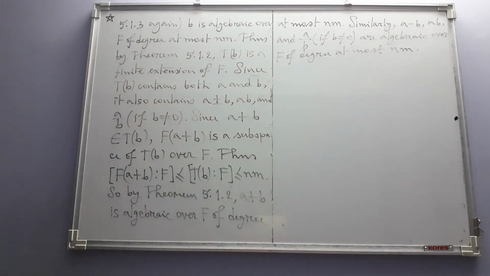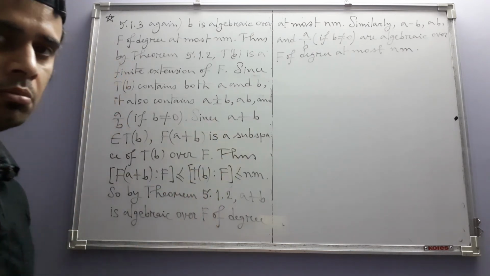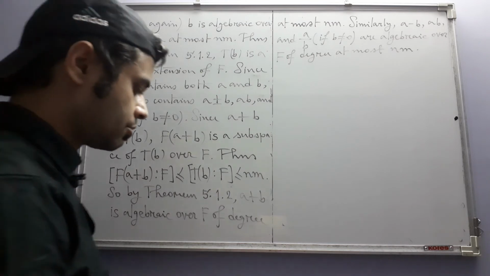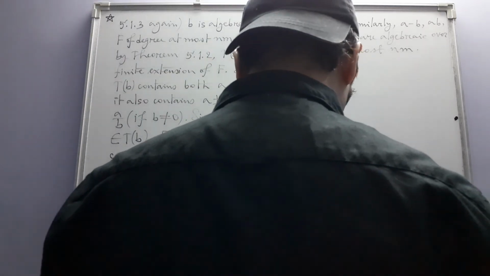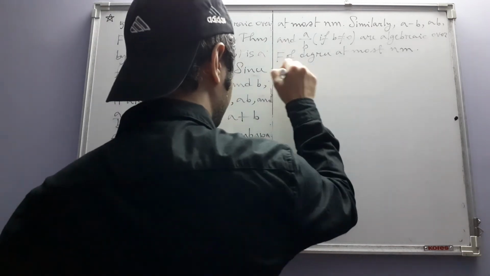So that's what we wanted to prove, and in this case you see that we have proved something more than what we were asked to prove, which we mention in a corollary.